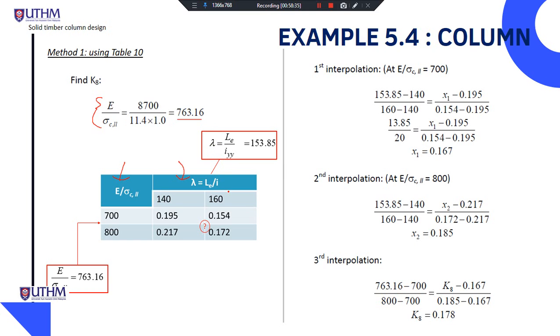The slenderness ratio as calculated earlier is equal to 153.85. Please take note here that we use the I gradation in Y direction.